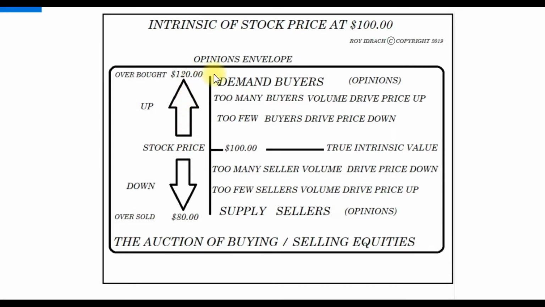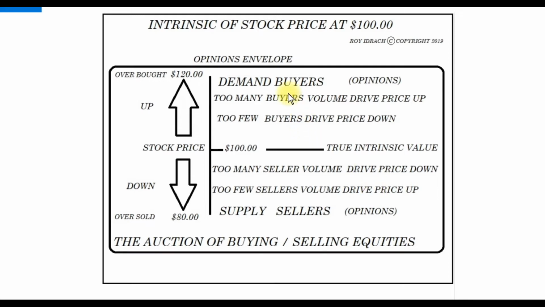As an example, we just showed a stock that went up $38 in one day, so there must be a lot of demand and good news about this company. On the other side, too many sellers drive the price down, or too few sellers drive the price up.